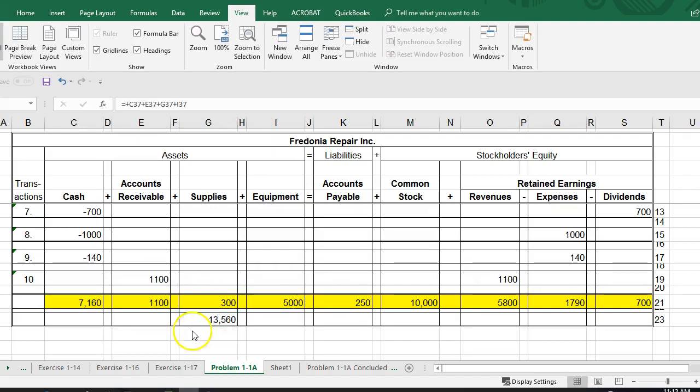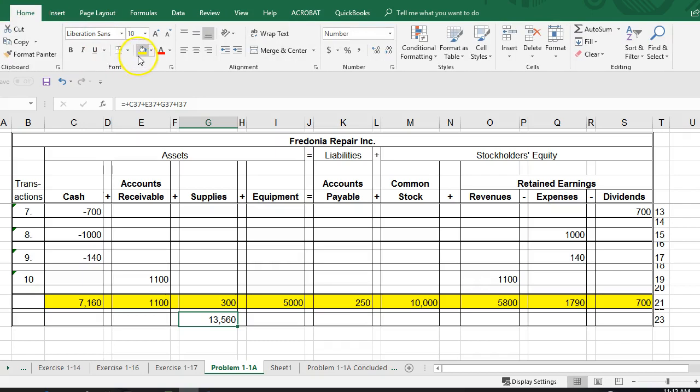So my assets total $13,560, the total of all of my assets. Make that bold. My liabilities only have one account, which is accounts payable. That totals $250. For my stockholders' equity, notice the marks here.